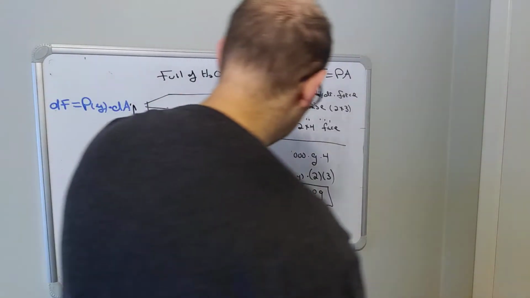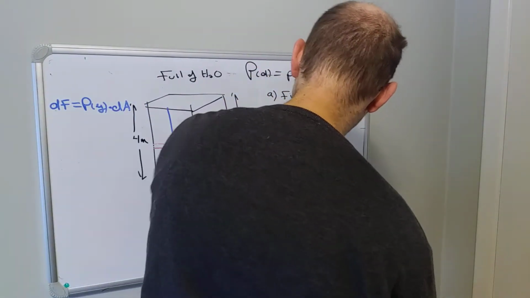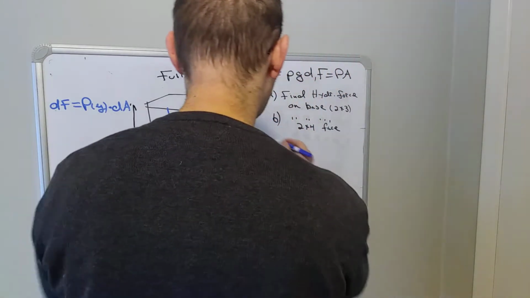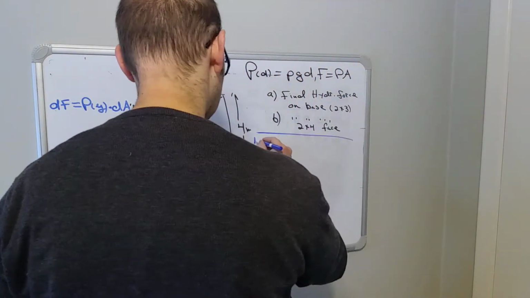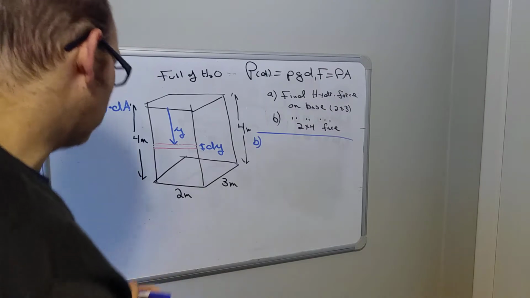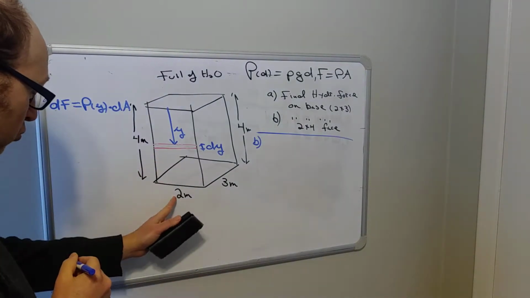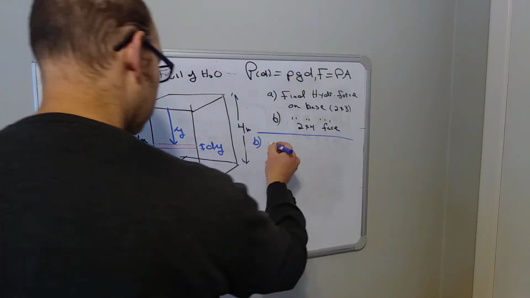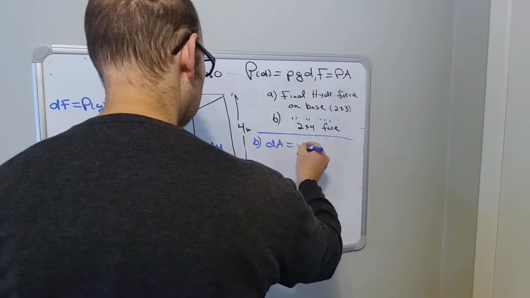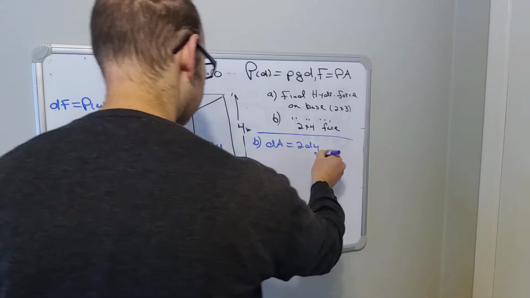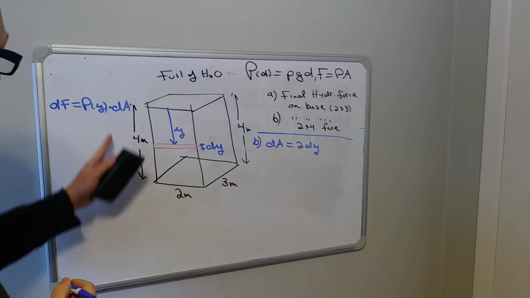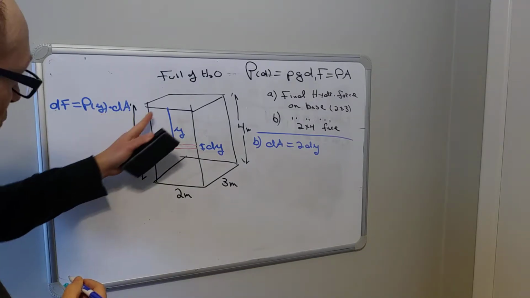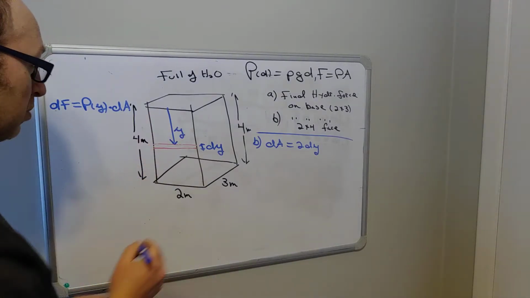Alright, so let's work it out. Let's work on part B. Okay, so the area is 2 times dy. So dA is 2 times dy. The pressure as a function of y, well, y is set up to be exactly the depth.